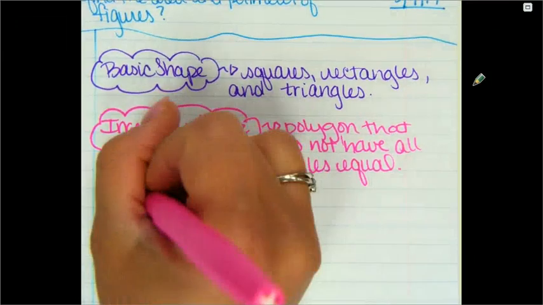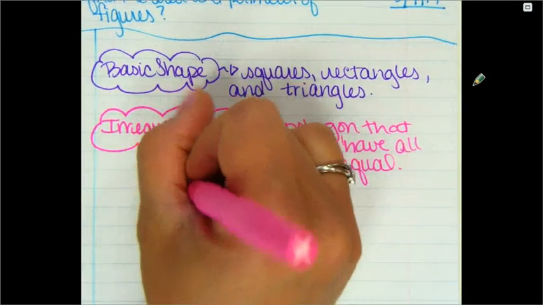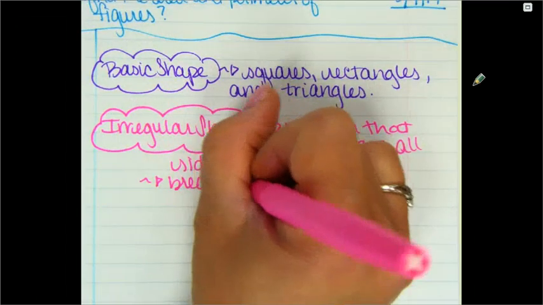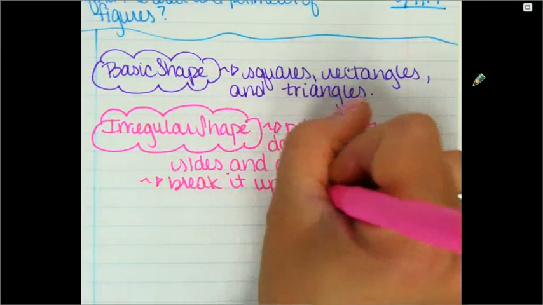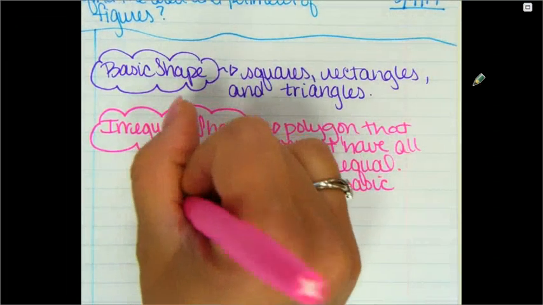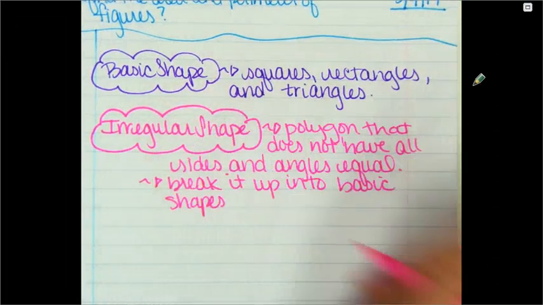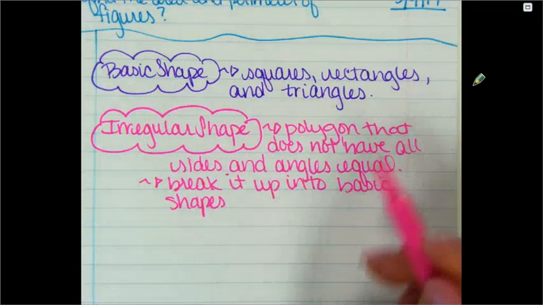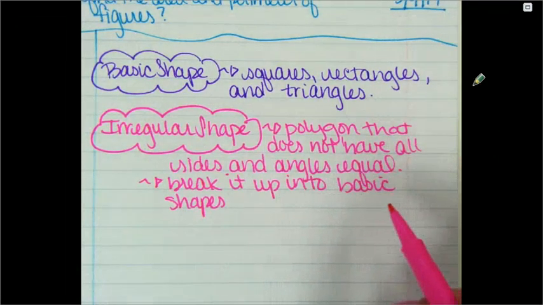Our goal today is we are going to take our irregular shape and break it up into basic shapes. So we're going to take everything today and break it up into basic shapes.